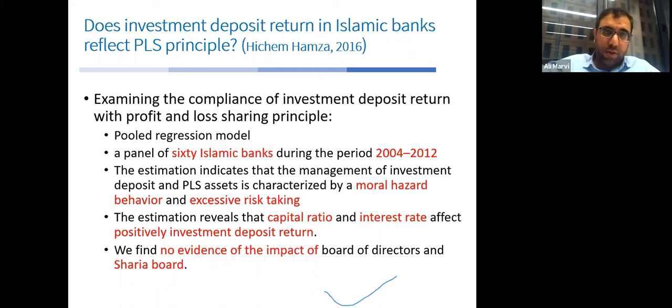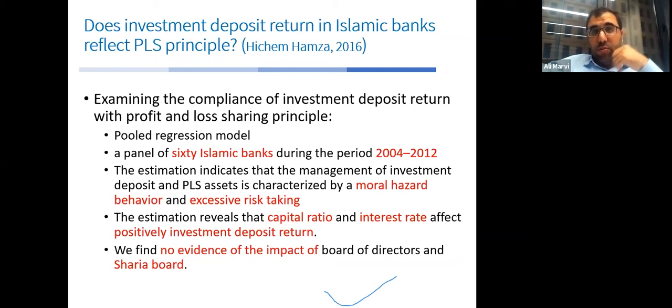In other words, we expect that in PLS contracts, the rate of return depends on the nature of the project and the sector of the project, on the effort of the entrepreneur, and on the macro situation of the economy.